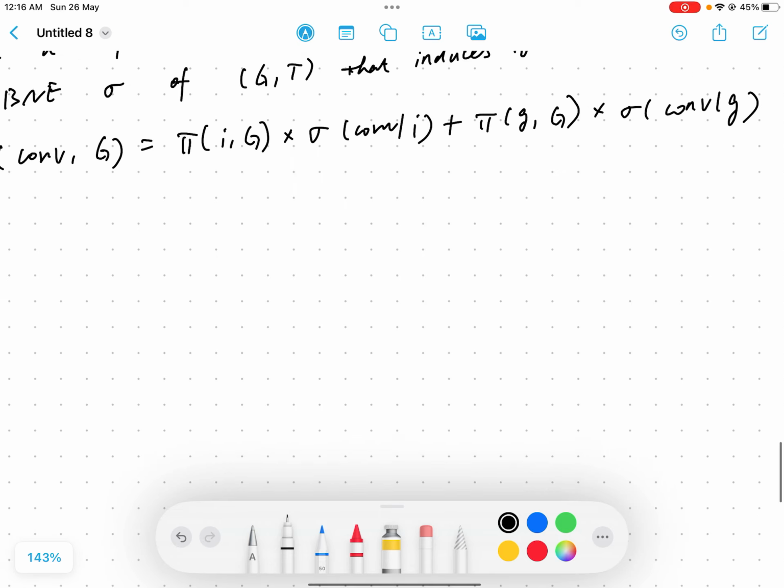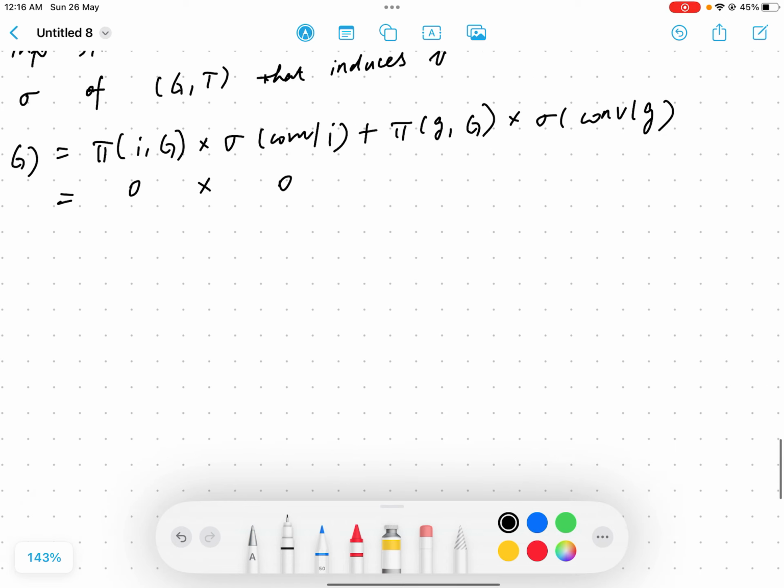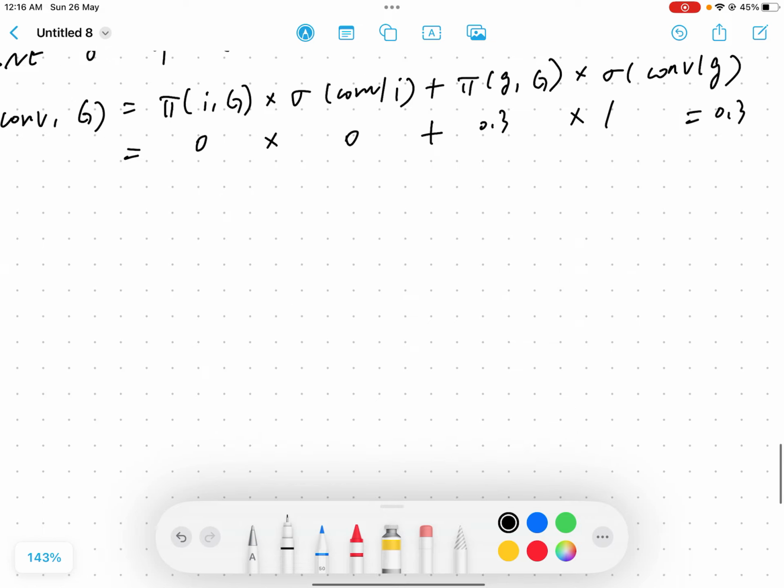This is 0 times 0 plus 0.3 times 1, and it's 0.3.